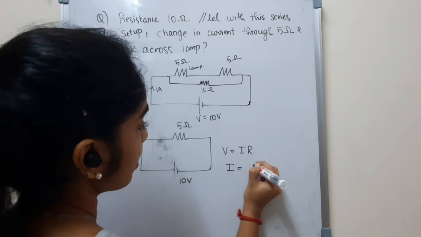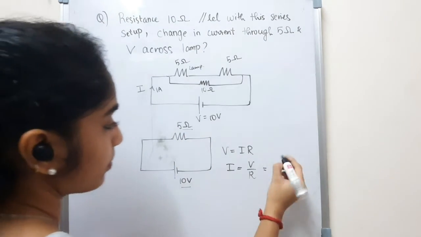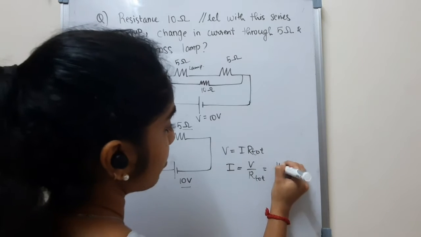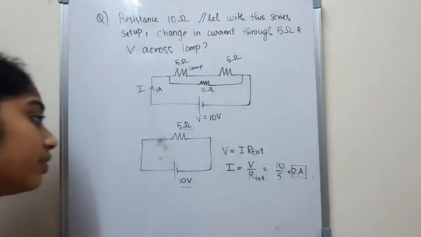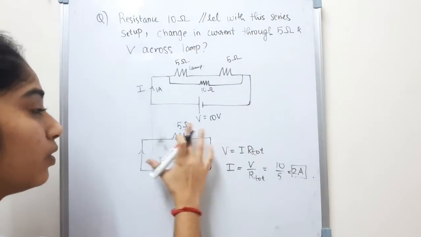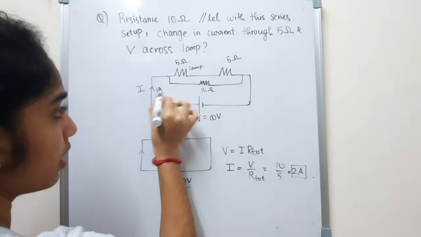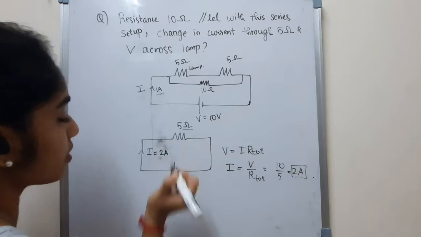I is V by R, which is V by R total, right? So 10 by 5, 2 amperes. So this is the current through the total circuit. You have converted this into one loop, right? This current and this current is not the same. So I is 2 amperes.